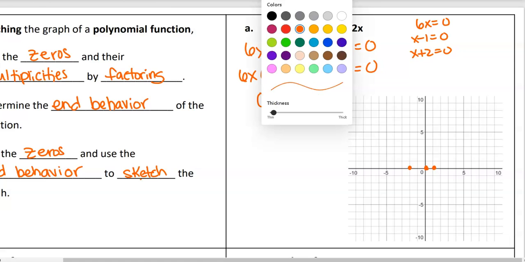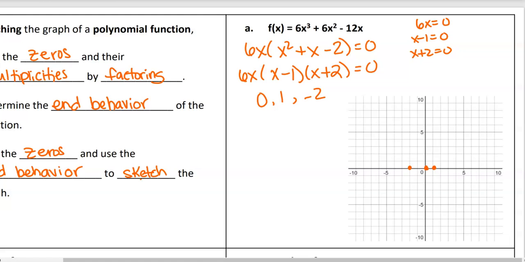To determine our end behavior, we look at my leading coefficient. We can go back to our original. What is our leading coefficient? 6x to the power of 3, right? Leading term. So is that positive or negative?